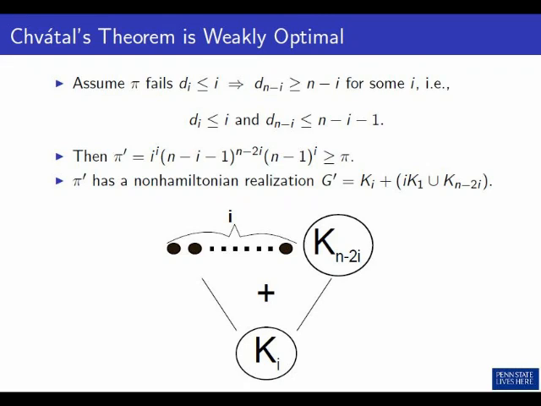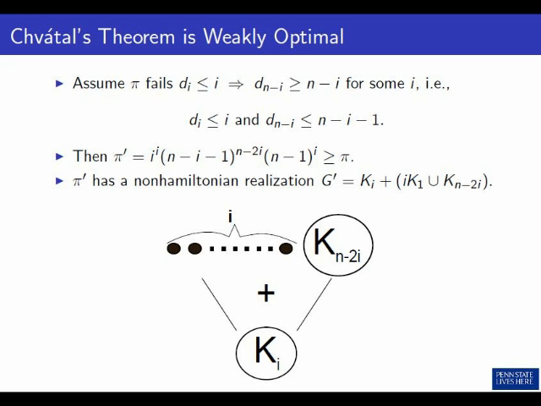We can prove that Chvátal's theorem is weakly optimal by looking at when it fails for some i. Essentially, these two inequalities are satisfied. And it turns out that if you make the first i degrees i, and then the next n minus 2i degrees n minus i minus 1, and there's no restriction on the remaining degrees, you make them all n minus 1, then this sequence pi prime is guaranteed to majorize pi under these conditions.